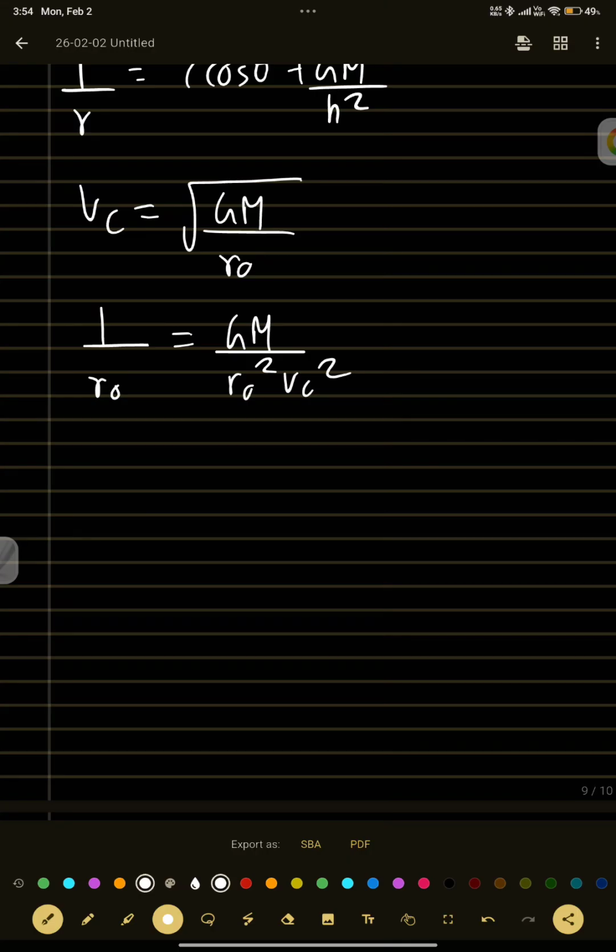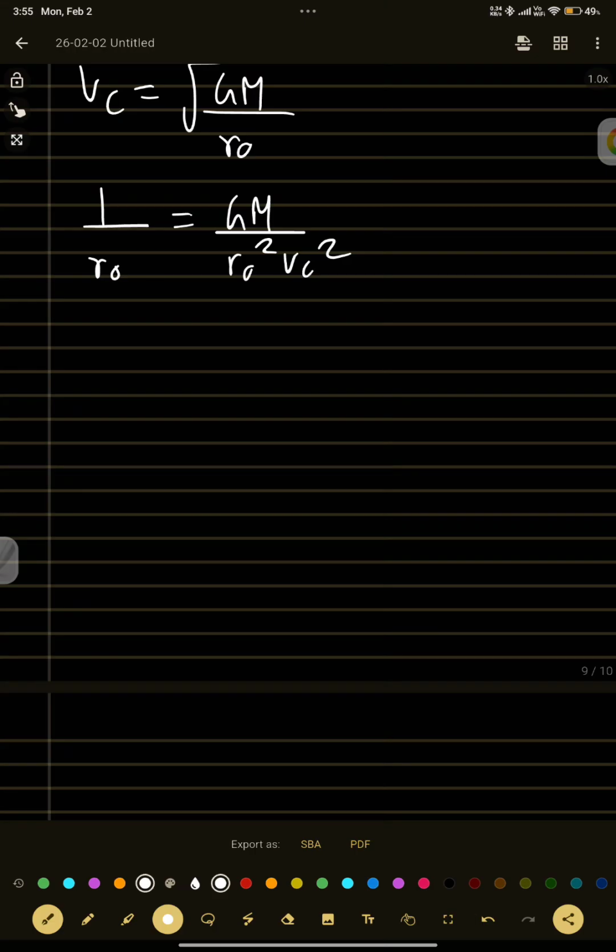Now, if you had not known this flipping of apogee and perigee, and you start using this location as theta 0 and treating this as R minimum, what will happen? You will write the equation 1 by R equals c cos theta plus GM by h square.